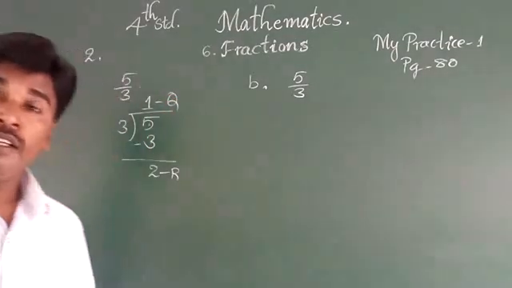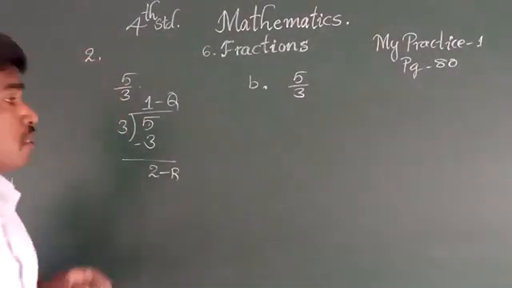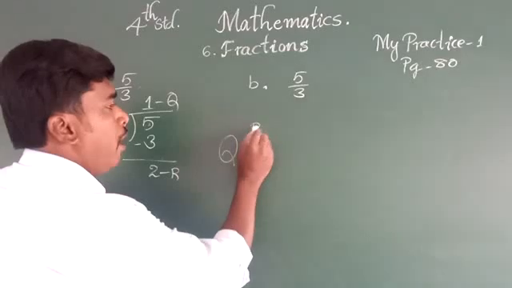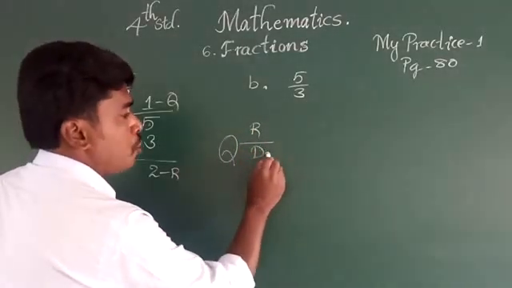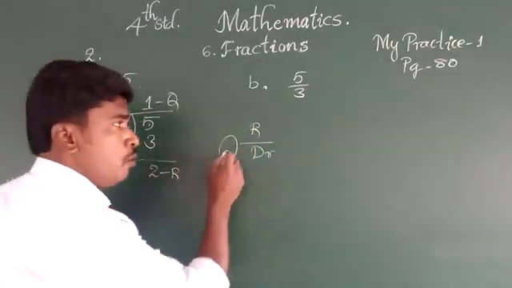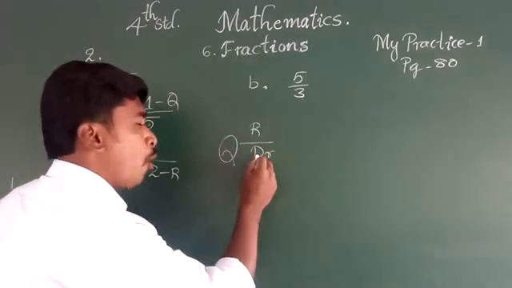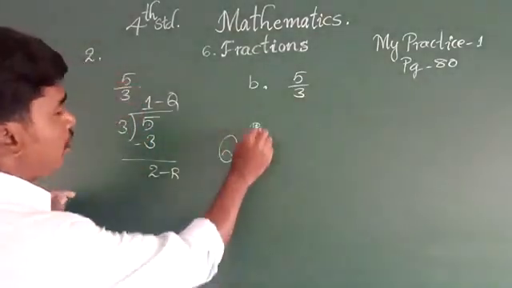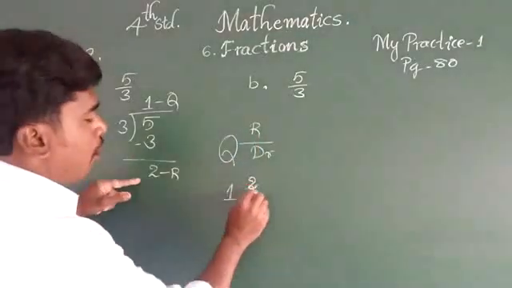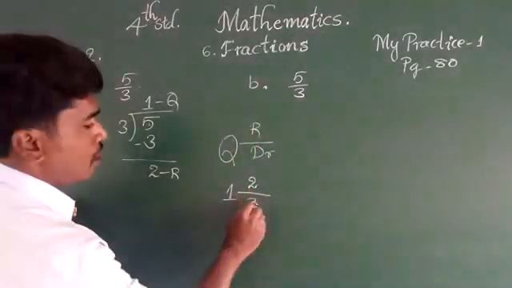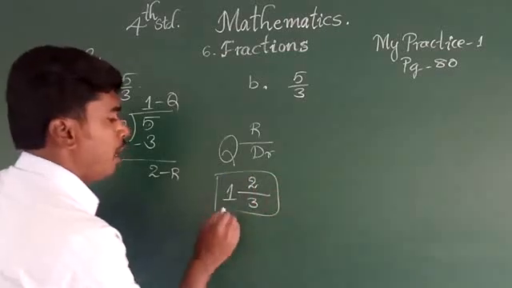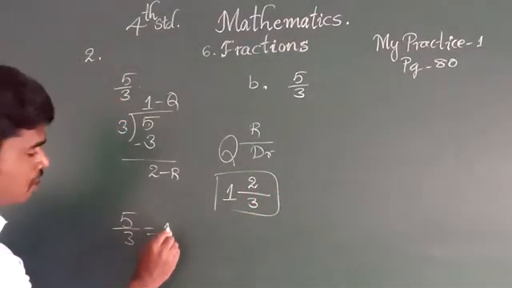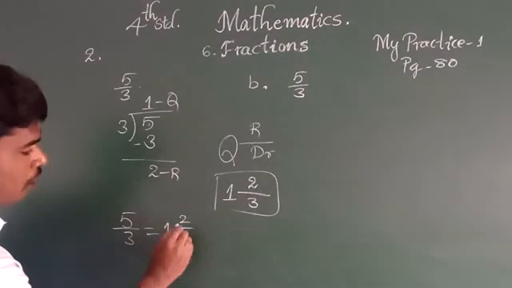To convert improper into mixed, the rule is quotient, and remainder by denominator. What is the quotient? 1 is the quotient and the remainder is 2. The denominator is 3 itself. So this is the answer: 5/3 can be written as 1 and 2/3.